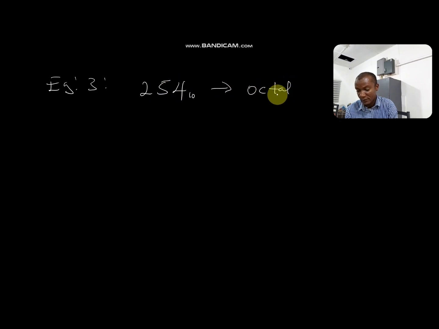Example 3. I have 254 base 10, and we have to change this to octal. So I have my division here, my quotient here, then I will get some points.